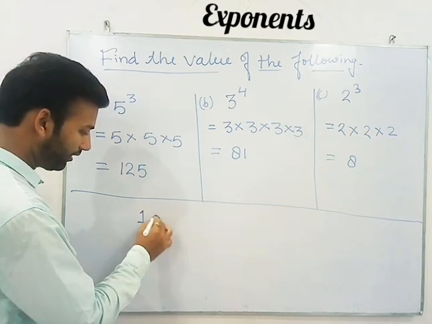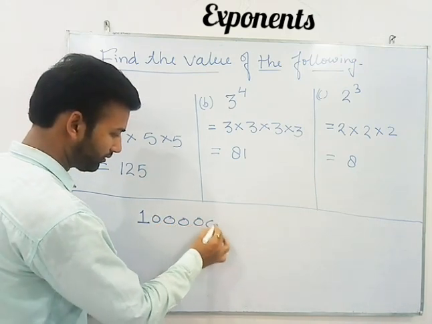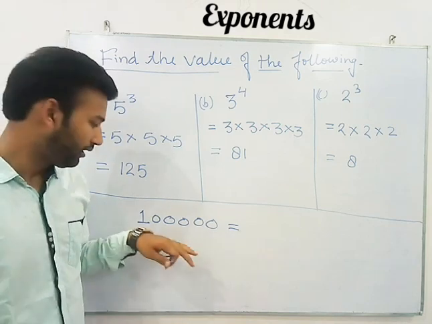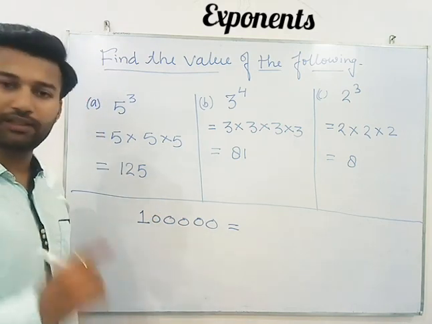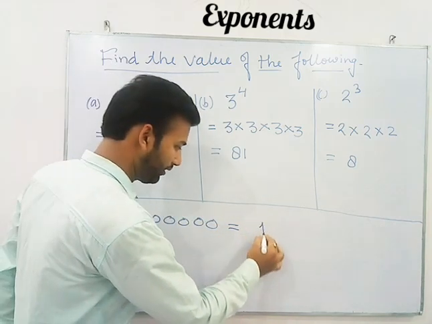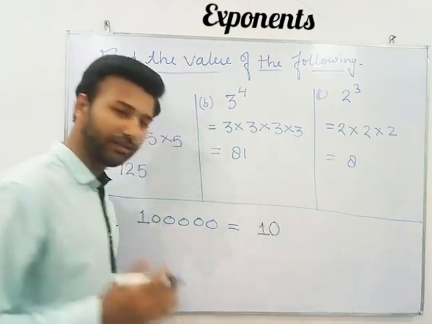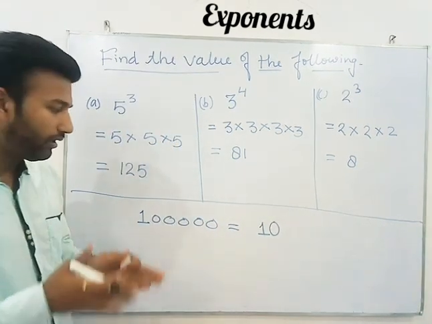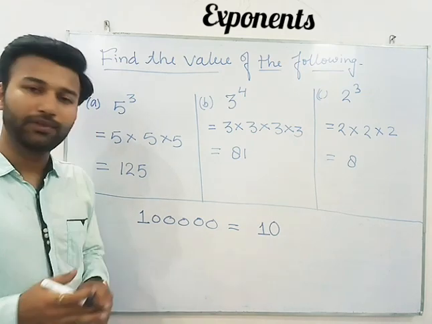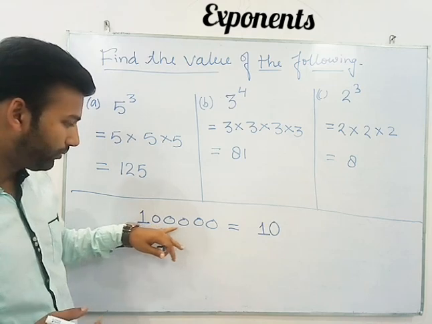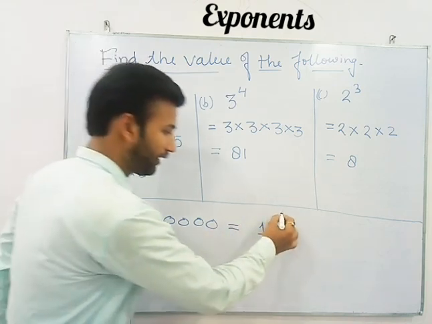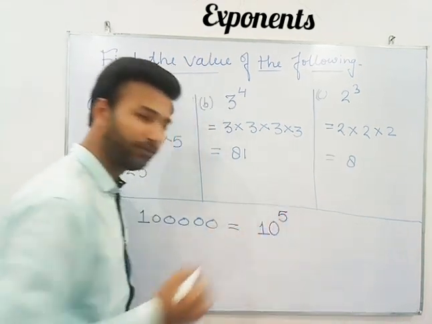Another example, if the question asks you to write a number in exponential form as a power of 10, it is very simple. If you are asked to write the number as a power of 10, we will count the zeros: 1, 2, 3, 4, 5. So 10 raised to the power 5.